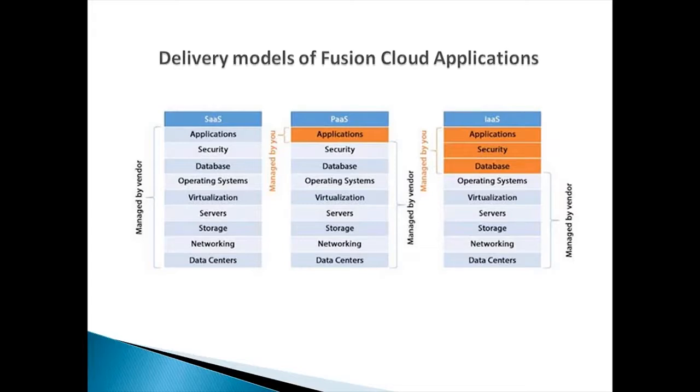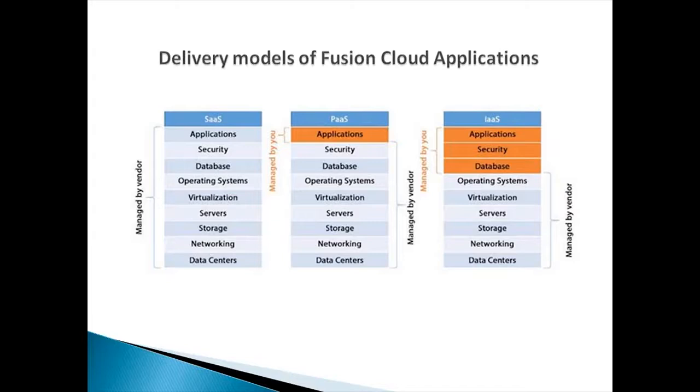In this case, we'll just inform the DBA, right? The DBA will apply the patch. But in the case of Fusion Cloud, the Oracle DBA team will do the patch applications. We are not going to have it if you are going to use Fusion Cloud applications.